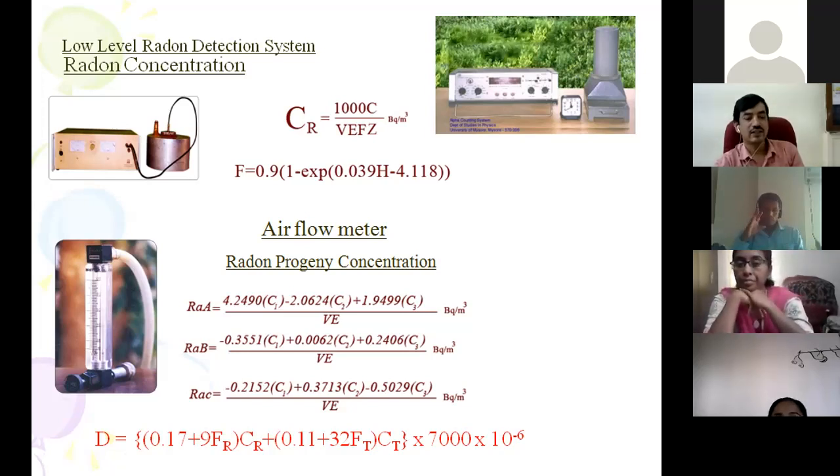Successive radioactive decay is very well known to all of us. Radon will decay into radium A, which will decay into radium B, which will decay into radium C.